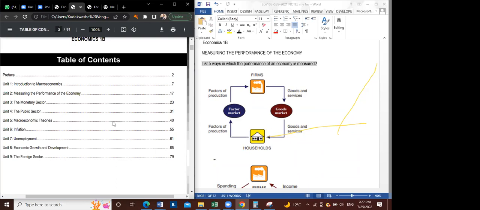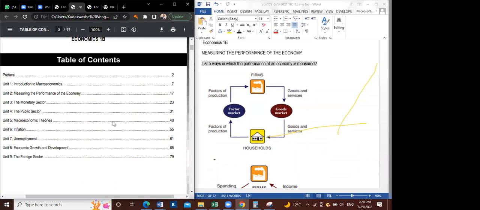We are now taking a broader view of economics. And when we are talking about demand, it's now aggregate demand. When we are talking about supply, it's now aggregate supply, because everything is now aggregated, and we're having an overview of the whole economy.